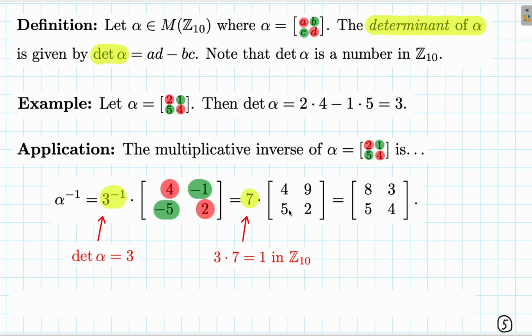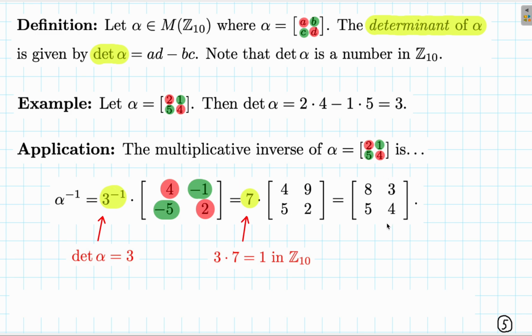Keep in mind, all these numbers that you see are in Z10. And now we can multiply. So 7 times 4 is 28, mod 10 is 8. 7 times 9, 63, mod 10 is 3. 7 times 5, mod 10 is 5. 7 times 2, mod 10 is 4. And so here is our inverse matrix 8, 3, 5, 4.